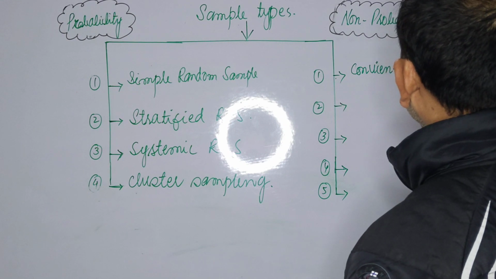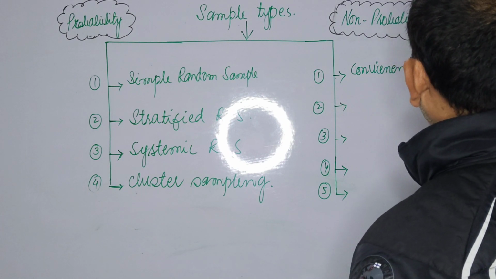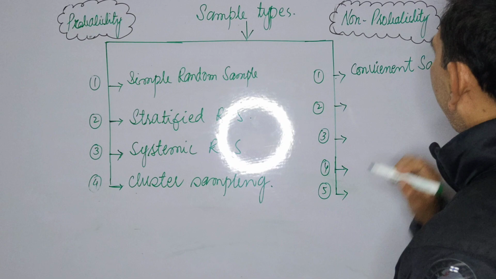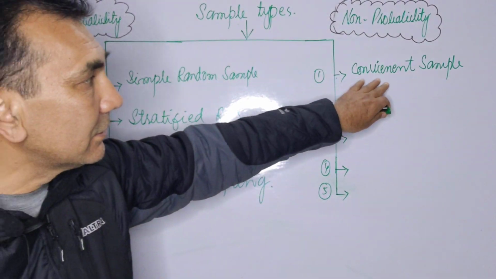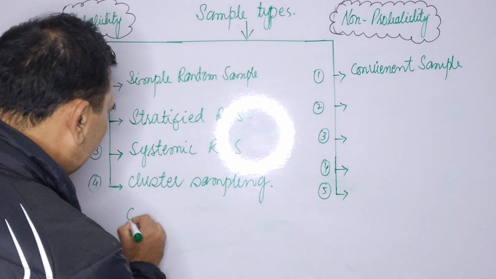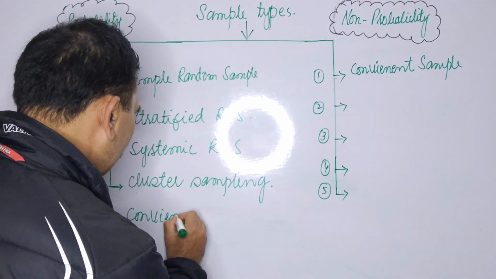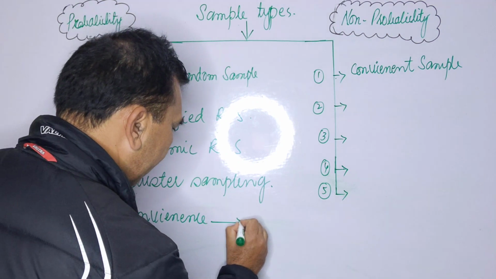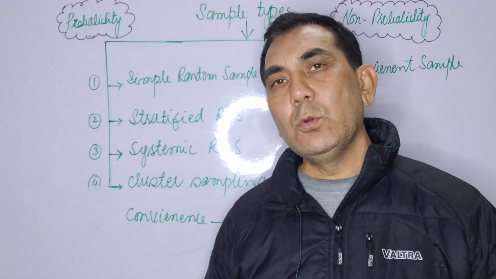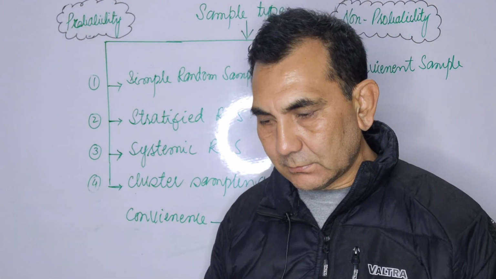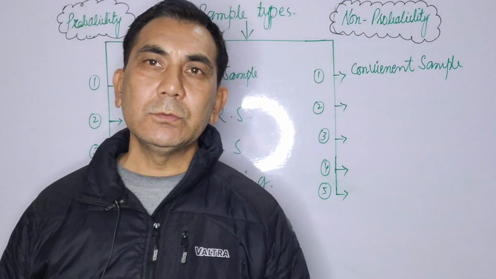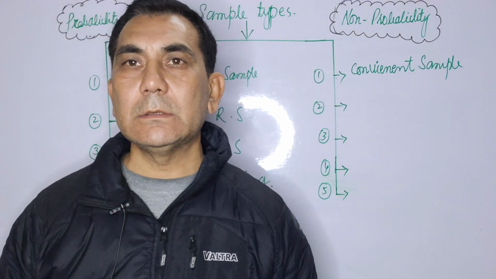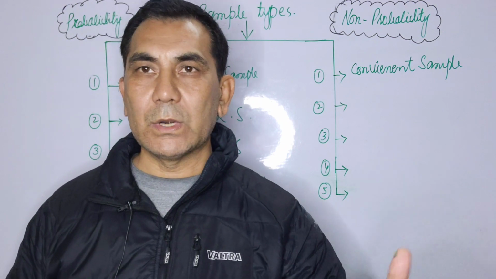Convenience sampling. It is clear from its name: convenience. Suppose you want to conduct a study in the PIMS hospital, where more than 800 nurses are working.